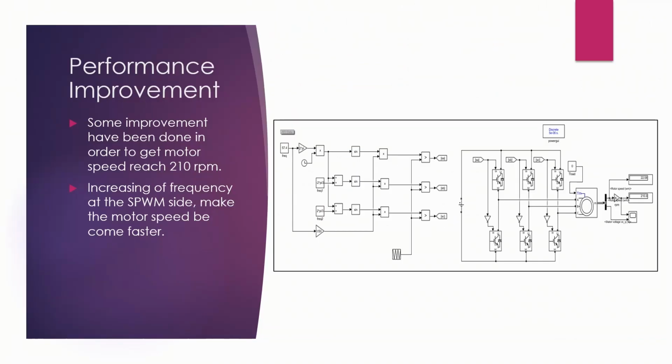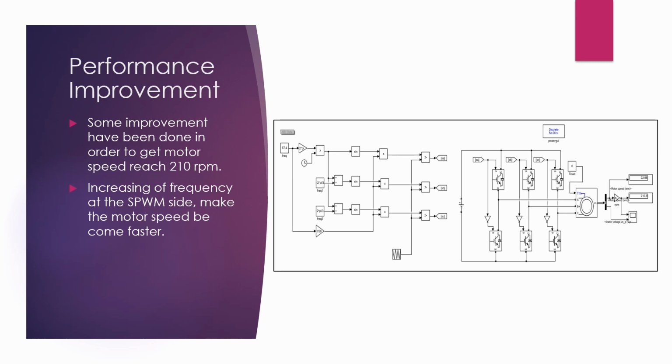Thank you. Okay, for the performance improvement, what we do is we want to figure out if this motor can reach the speed of 210 rpm without changing the input voltage.